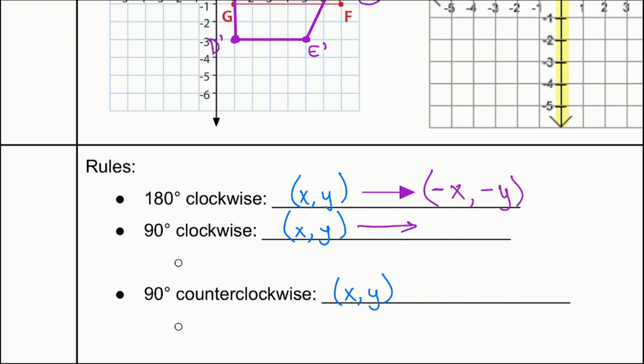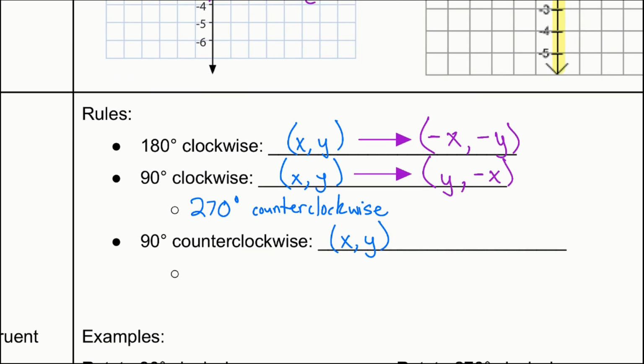If you are going 90 degrees clockwise, what happens is your X and your Y coordinates switch places. So Y will come first. And then since you're going 90 clockwise, you'll use the opposite of X. All right. This is also going to work for a 270 degree counterclockwise rotation. All right.